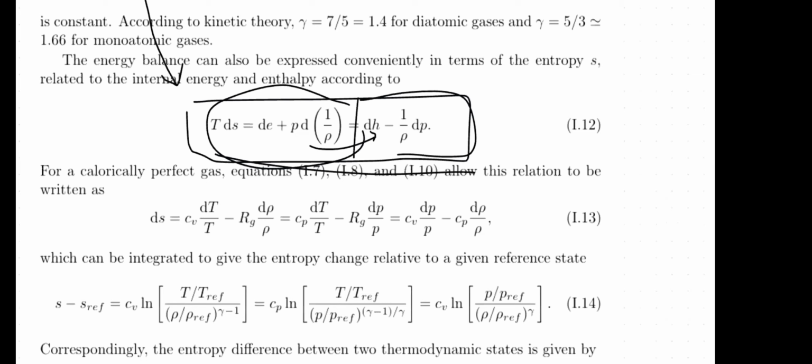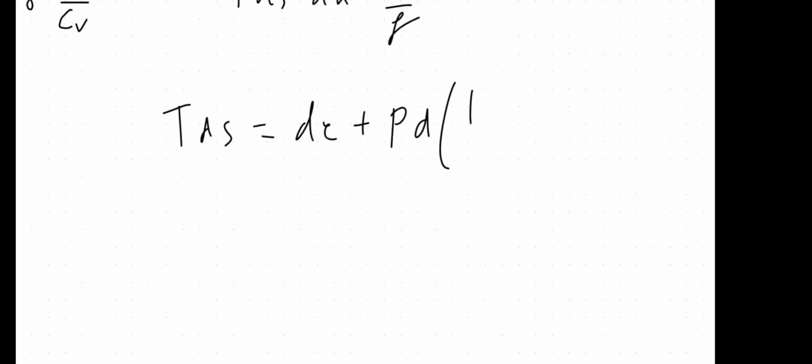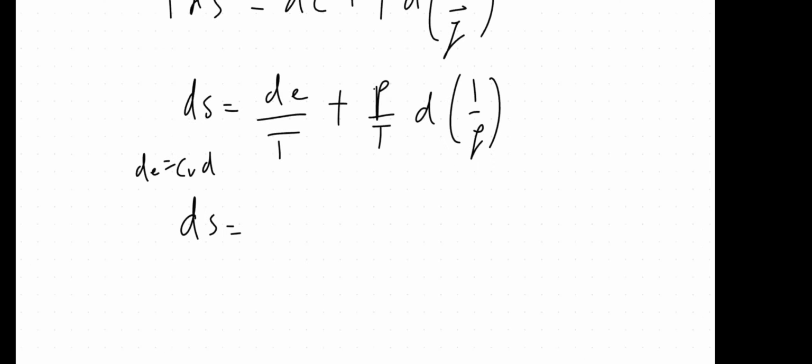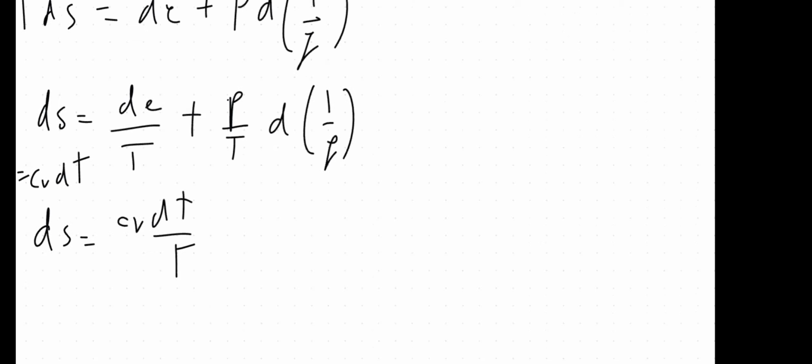It's simply going from T dS equals dE plus P d(1 over density). And then dS equals dE divided by T plus P over T d(1 over density). And what you have to do is realize dE equals Cv dT. So Cv dT divided by T. Now this is the problematic part over here. I need to realize that we can do the quotient rule on d(1 over density).